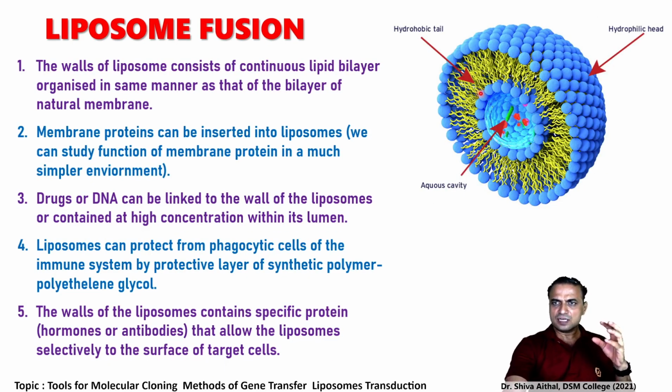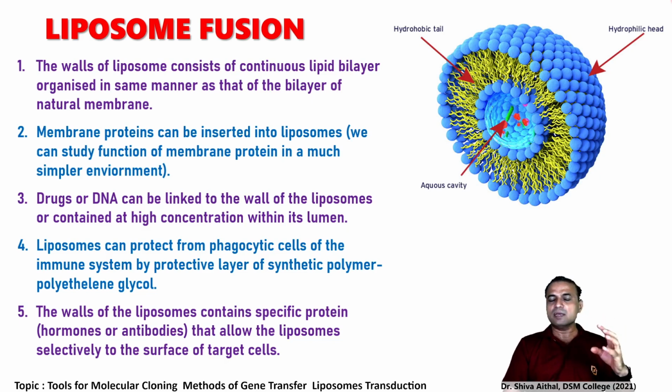Now if you see here, these yellow tails are hydrophobic in nature, and the lipid heads which are there are hydrophilic in nature. Inside there is an aqueous cavity in which your gene of interest, not only gene of interest, proteins, DNA, RNA, anything can be entrapped, and this liposome fusion technique is one of the most popular techniques in use nowadays.